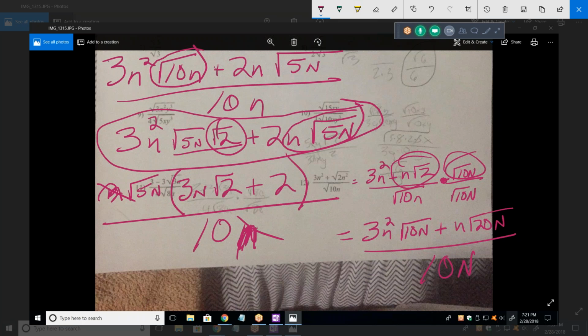When you leave it in factored form, you're ready for the next step. Whatever they got in mind for this answer, you're ready for it. Whereas if I were to multiply this out, then I'd have to probably factor it. So leave it factored. And I can't see anything else there that we can do.